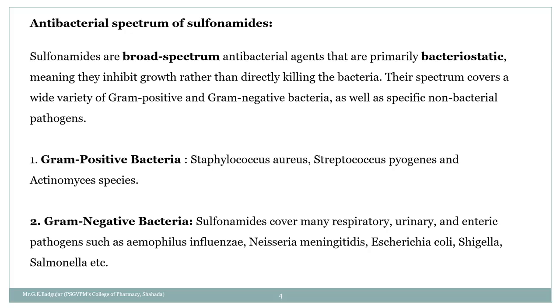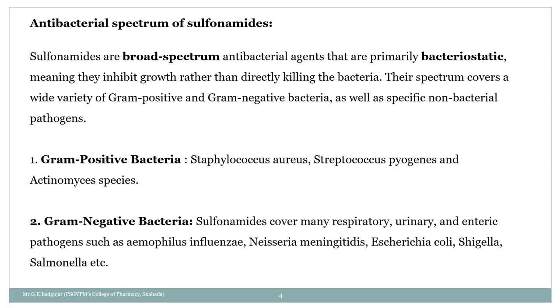The antibacterial spectrum of sulfonamides. Sulfonamides are broad spectrum antibacterial agents that are primarily bacteriostatic, meaning they inhibit the growth of bacteria rather than directly killing them. Their spectrum covers a wide variety of gram-positive as well as gram-negative bacteria, and it also affects some non-bacterial pathogens.